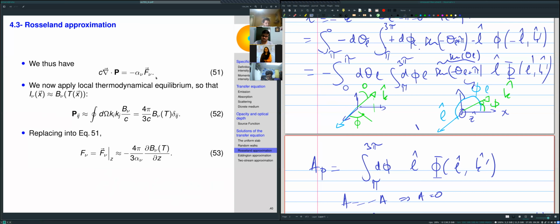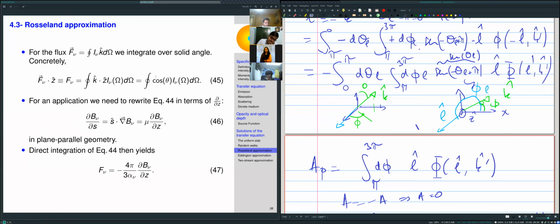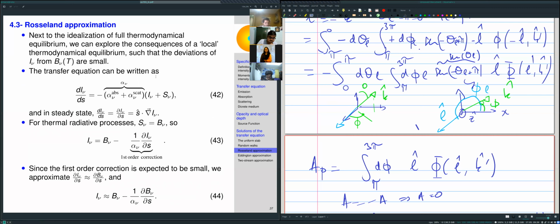This is more general than the previous derivation, because what Rybicki and Lightman use is this radiative transfer equation, where we could factorize the scattering contribution because we were assuming isotropic scattering. So this is the Rosseland approximation for isotropic scattering.